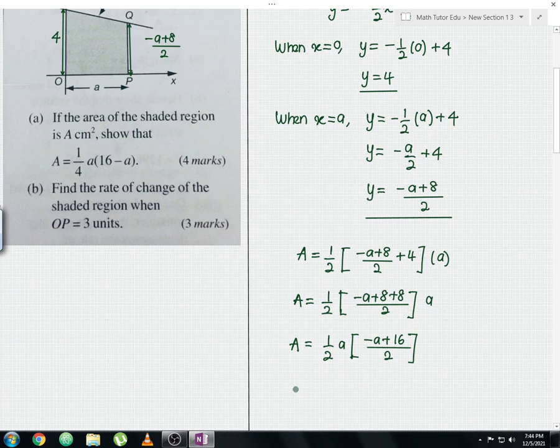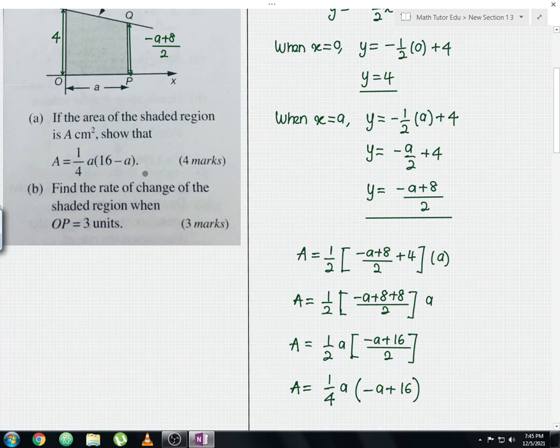So from here, the area of the shaded region will be equal to 1 over 4 times A, and then with the square bracket, wait a second, let me draw a normal bracket over here. So from here negative A plus 16.